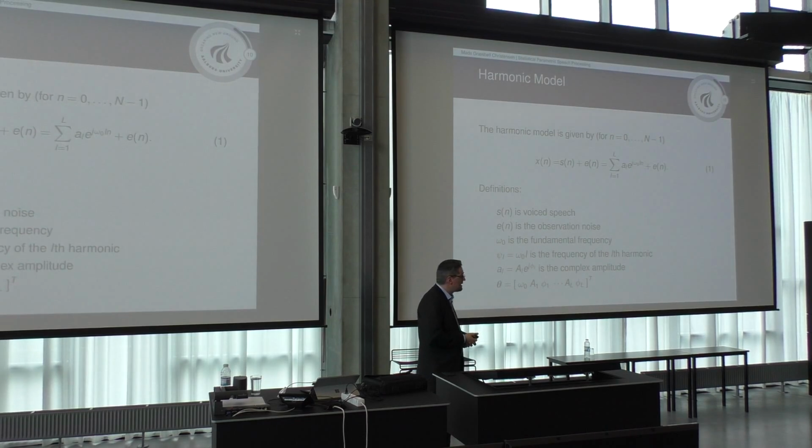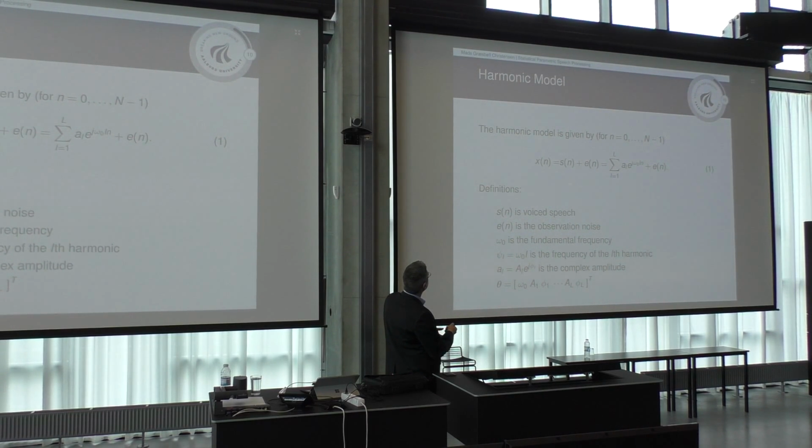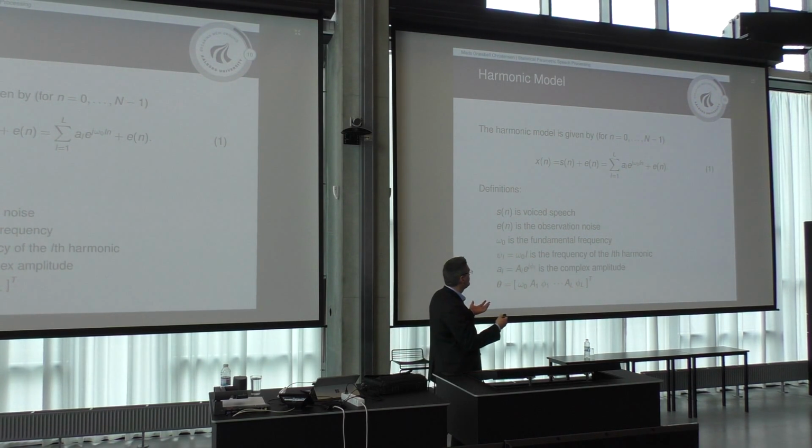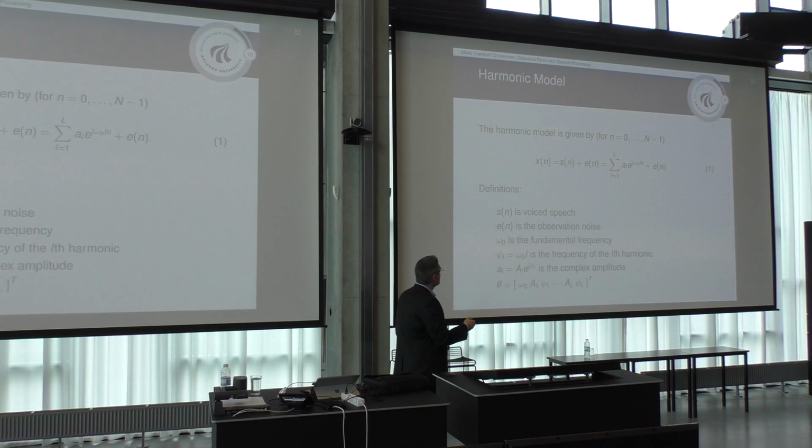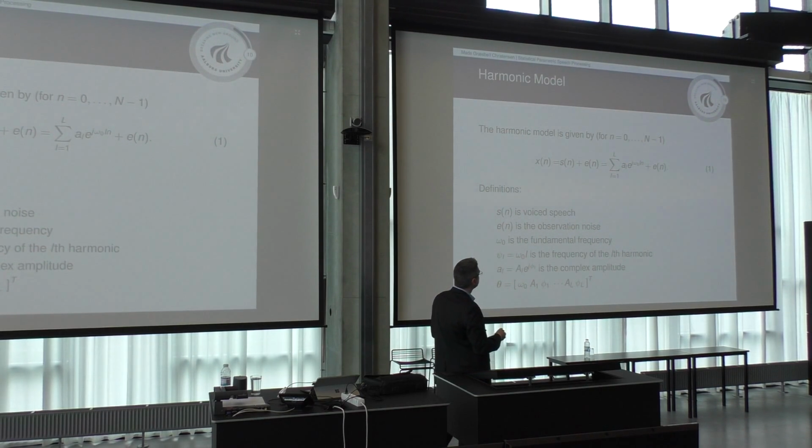Okay, so the harmonic model looks like this. We have an observed signal here, which is comprised of two parts. S here, which is the voiced speech, and E here, which we call observation noise, but it could actually also be the stochastic part of the speech. And the S part we model as a sum of complex exponential functions that have frequencies that are integer multiples of a fundamental frequency, which is also what you call the pitch in speech and audio signals.